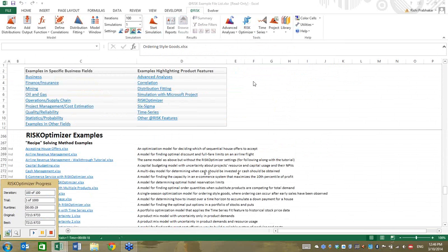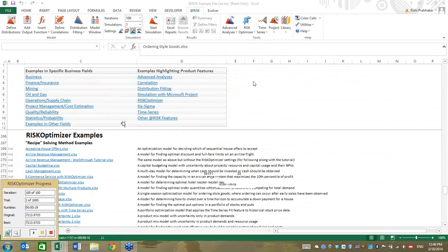And as always, because we now have constraints, it is possible that RISKOptimizer, just like Evolver, could attempt a solution that then, it turns out, violates the standard deviation constraint. So roughly half, well, currently exactly half, of the solutions seem to violate the constraints.